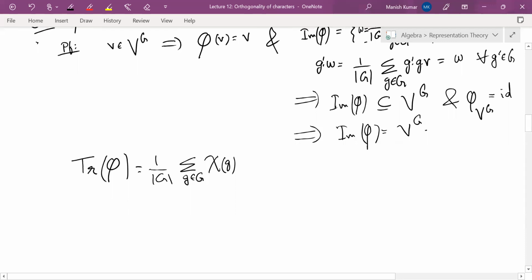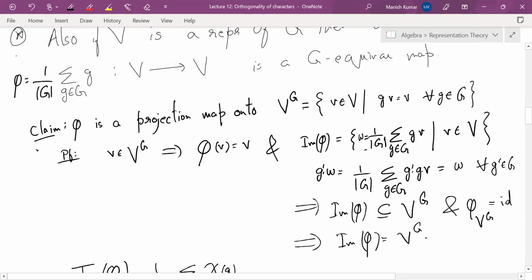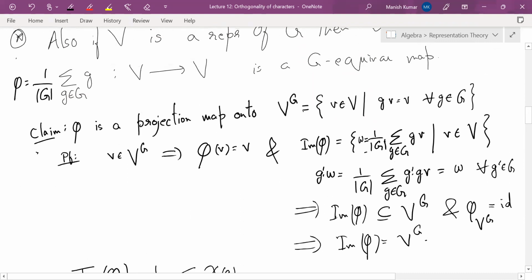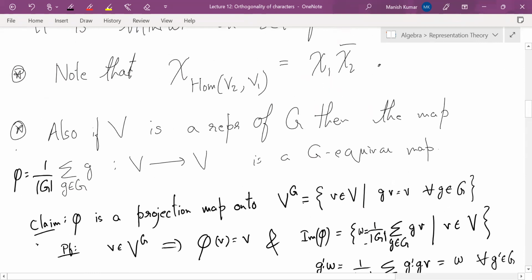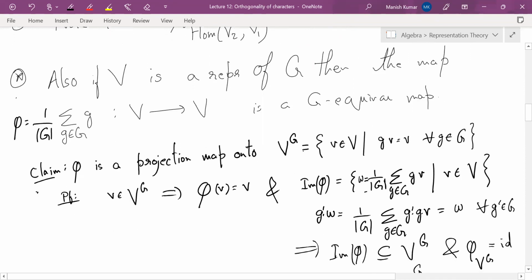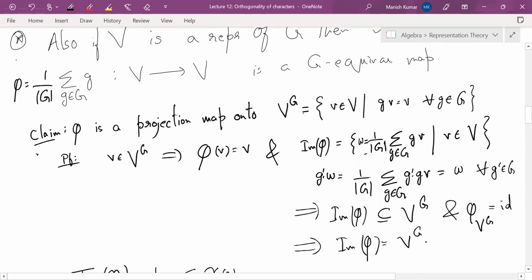But phi is the projection onto the invariants of G in V, and it is an equivariant map, right?